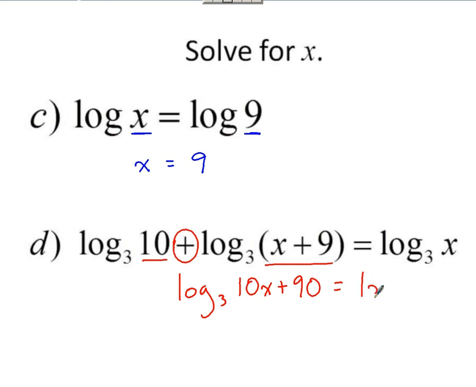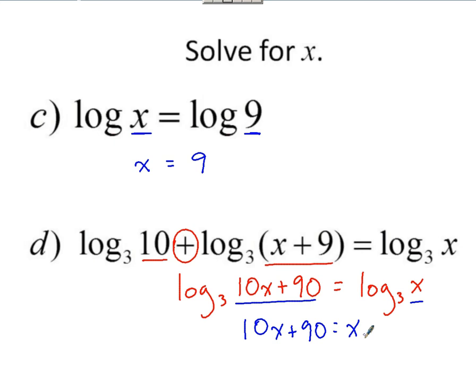That all equals log base 3 of x over here. Once again, same logarithms on each side, so what we're plugging into each of those logarithms must be the same thing. 10x plus 90 would equal x.